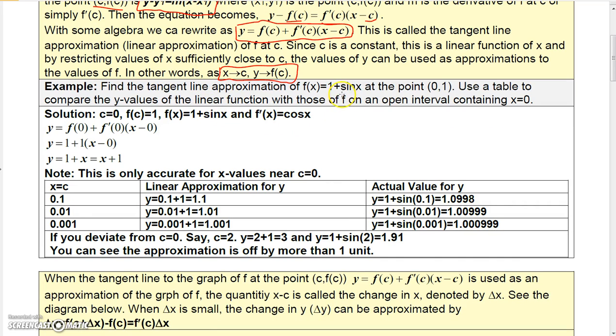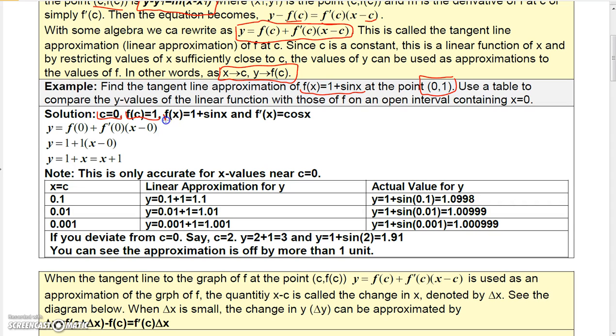Okay, let's look at an example of f of x equals 1 plus sine x at the point 0, 1. Now, we know just by plugging 0 in, the y value is 1. So that's really not anything to worry about. But what if we wanted to evaluate this function near 0? Well, we can actually use this linear approximation. So we're going to use c equals 0 as our c value, and we know f of c is 1.